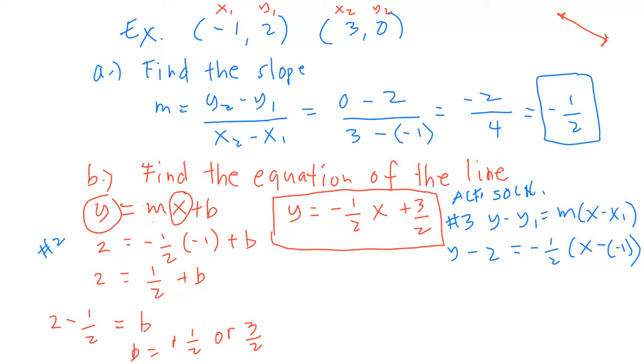So that would be the equation of the line. So we can still simplify if you want to simplify that, but this one is already an equation of the line.